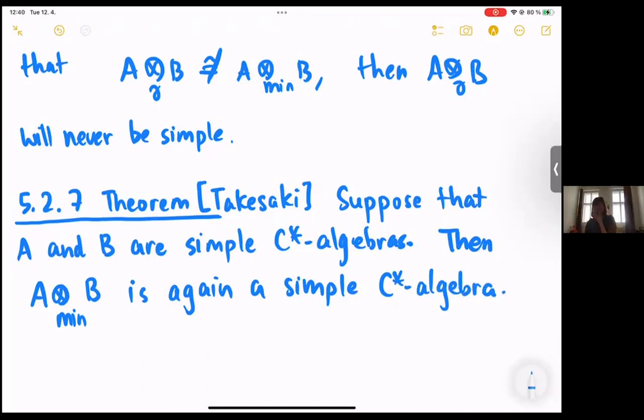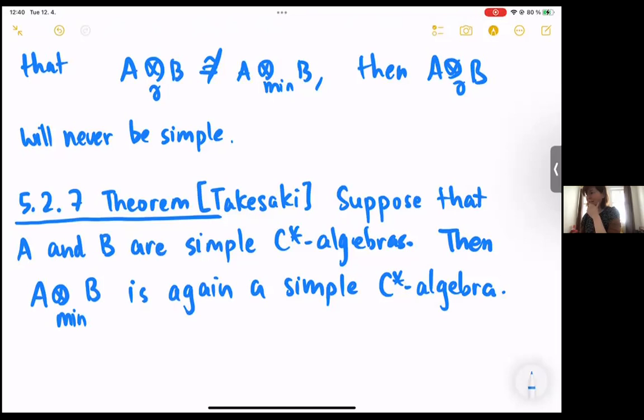And the minimal tensor product is again very useful for preservation of properties of your C star algebras. So this is one reason why one often works with the minimal tensor product rather than an arbitrary tensor product. Okay, so we have a minimal tensor product. Natural question is, should we have a maximal one?